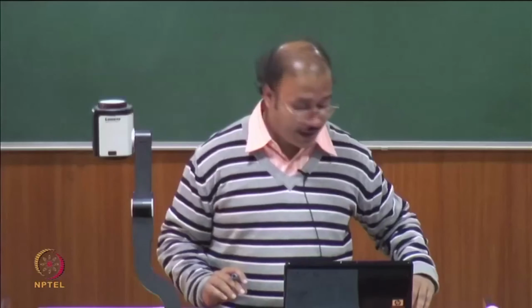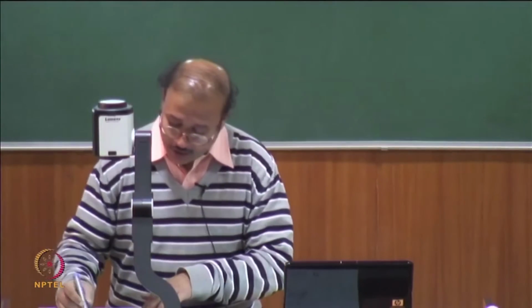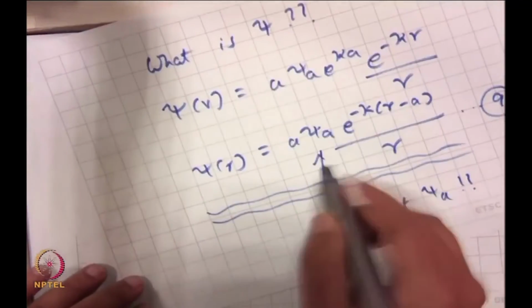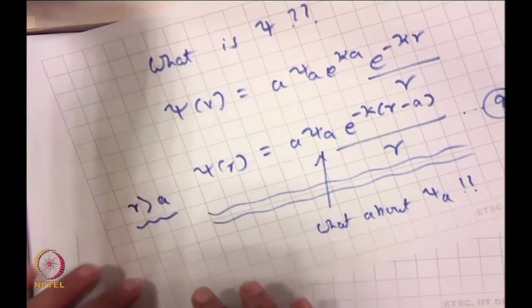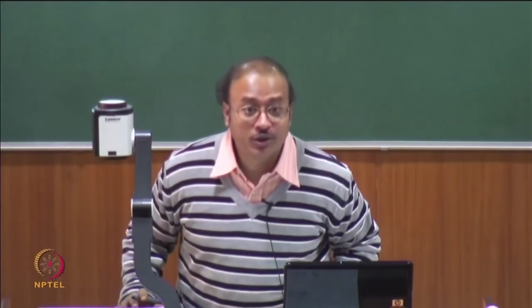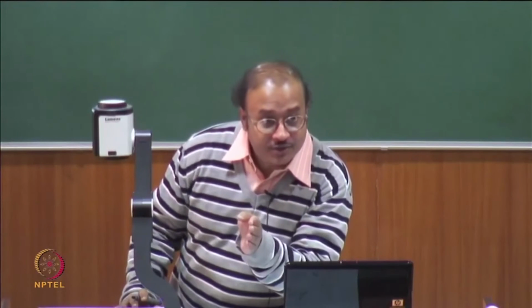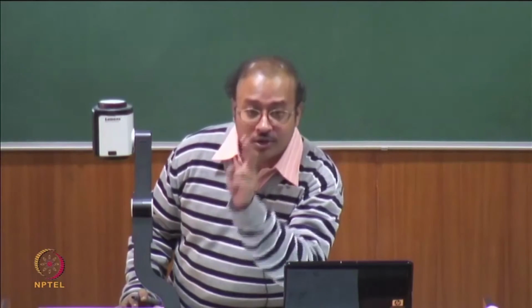Instead, I will just give you a number which I have, and before I go there, I just want to make a point. When I am looking at this equation, please make sure the condition is that r is always greater than a. That means at no point am I within the protein. I am always looking at something which is at the surface of the protein. So, the minimum r can be is equal to a.